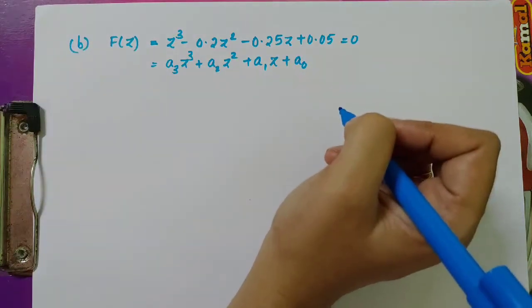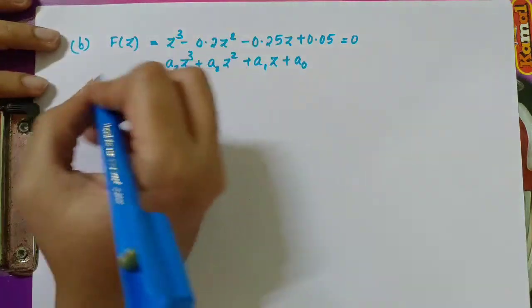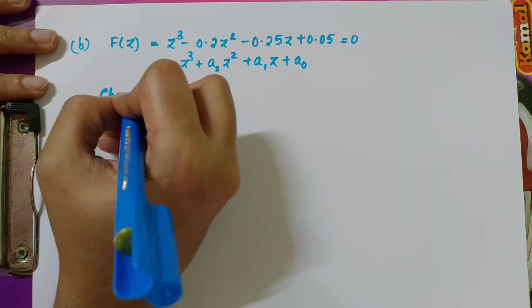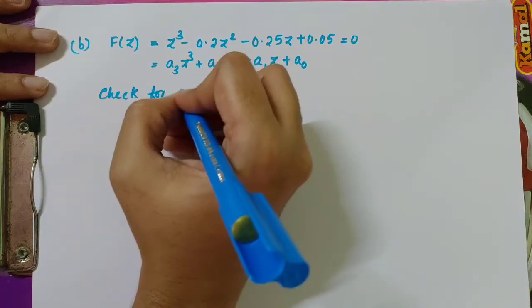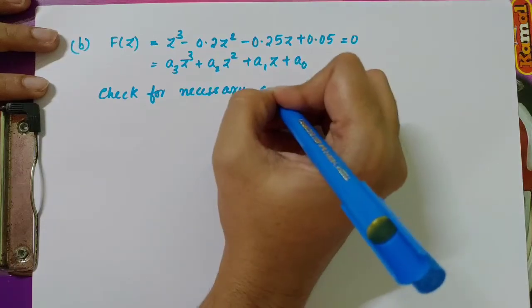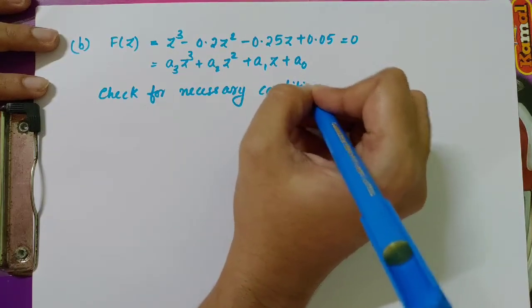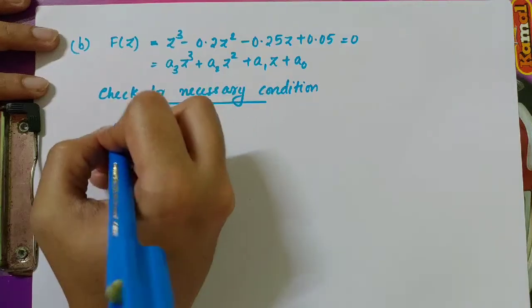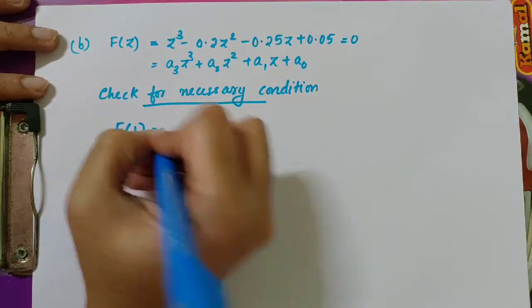ഓക്കെ, ഈ ഒരു ഫോമിലാണ്. ഓക്കെ, ഇനി check for necessary condition. ഇങ്ങനെ ചെക്ക് ചെയ്യും. F of 1 നോക്കുക.